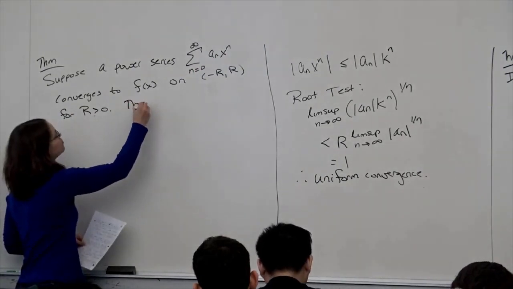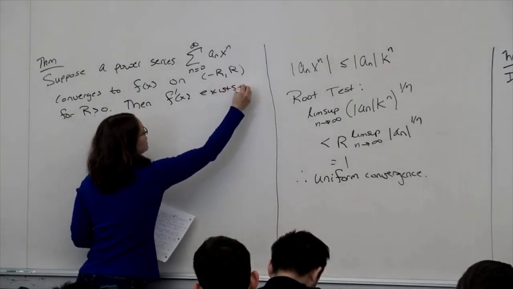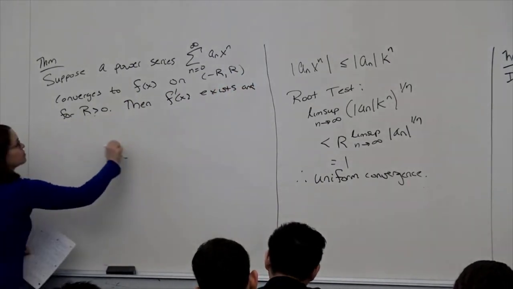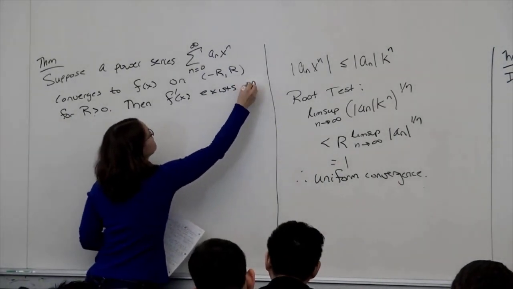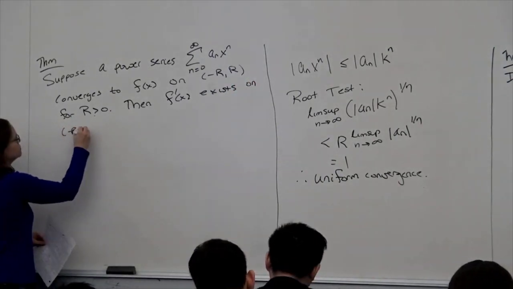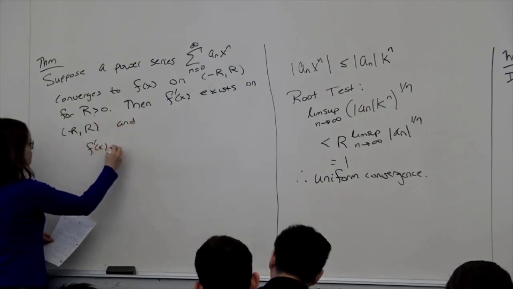So straight away we have that f prime exists, let's say on minus r to r, and it's equal to the result of taking this derivative term by term.